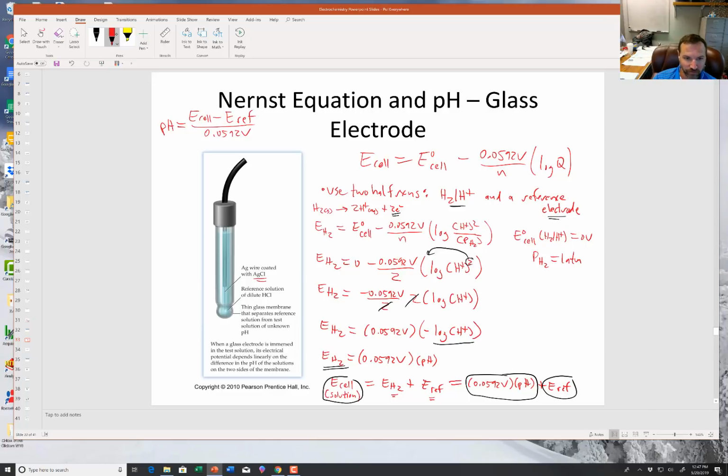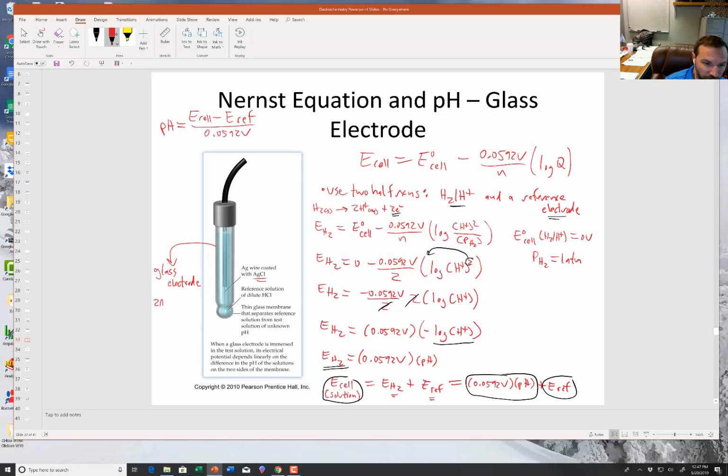All right, so it turns out that a typical pH meter uses this silver electrode, sometimes called the glass electrode, because it uses glass as the membrane to separate the reference electrode from the solution. And so this glass electrode has the following reaction.